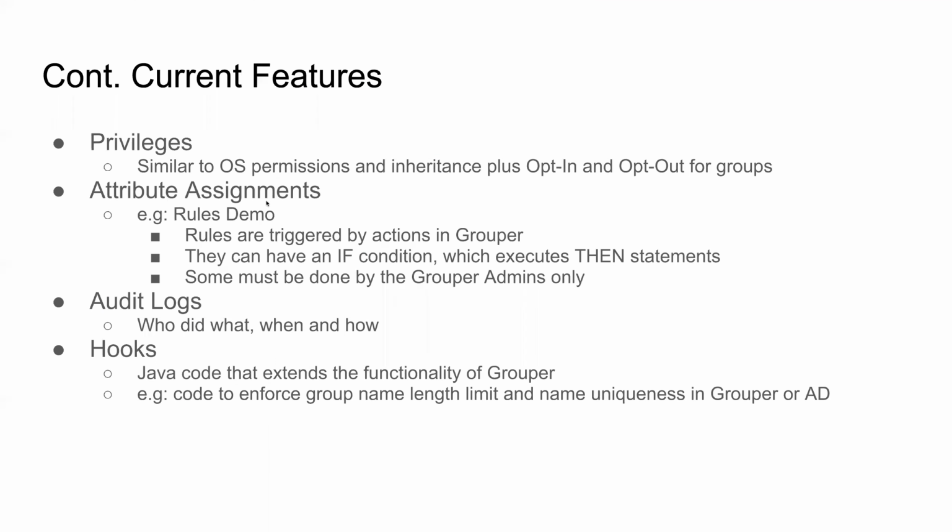Okay, so let's get into the attribute assignments. So the groups are kind of static, but you could also have this metadata or artifacts assigned to a group that could do different things. One of them is these rules that can be assigned to a group. We have several of these that we use on a regular basis.